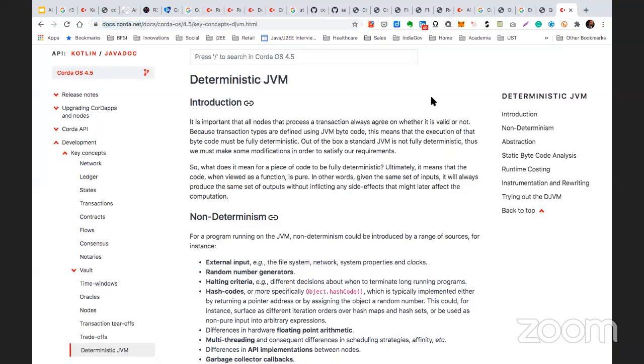So this means that all the nodes that process transactions should always agree whether a transaction is valid or not. The Corda Java virtual machine is engineered in such a way that the execution of bytecode must be fully deterministic, right? There are different kinds of compilers.